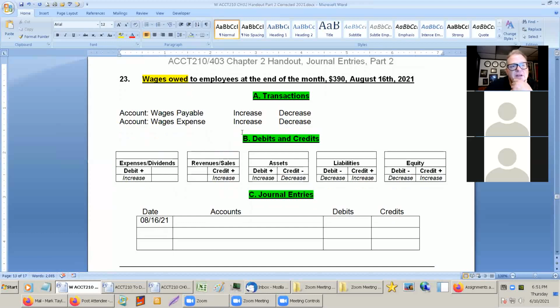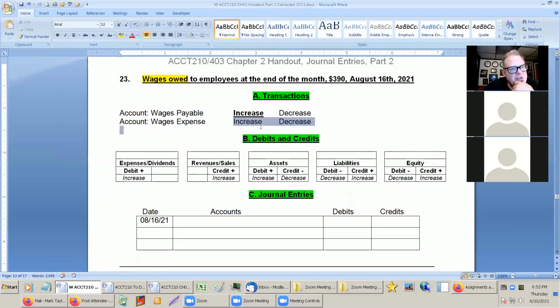Do we owe more wages, or do we owe people more money or less money? Are the liabilities going up or down? We owe more. Yep. Good. That's the hardest thing, I think, is the liabilities, because you're so used to them being a negative amount, but them increasing means you owe more.